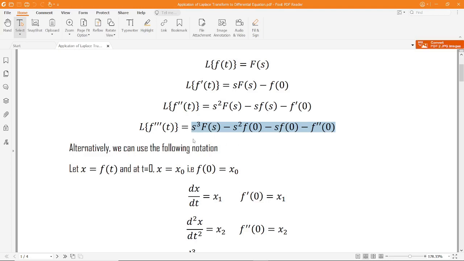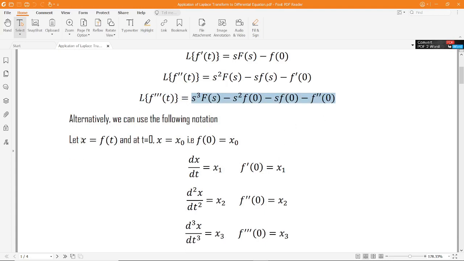For the fourth, it will be s raised to power 4 F of s minus s cubed f of 0 minus s squared f1 of 0 minus s f2 of 0 minus f3 of 0. So that will be the Laplace equivalent of the fourth order differential of the function of time. But here we're just talking about the third order, and the Laplace expression is what is being given here.